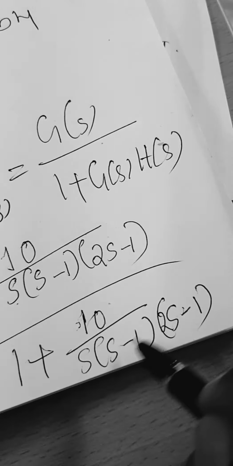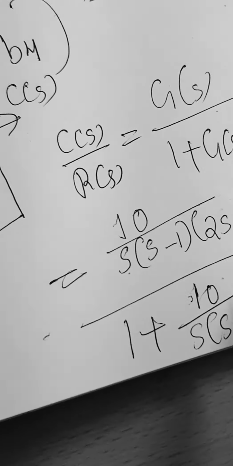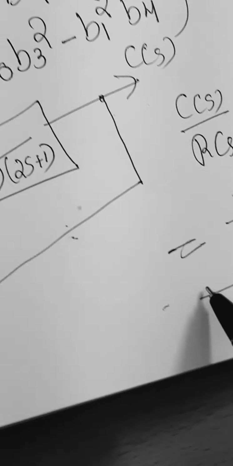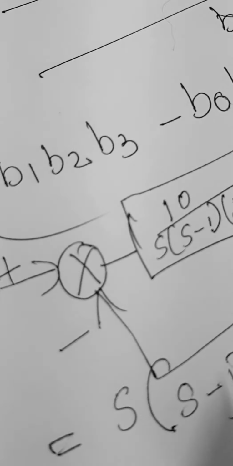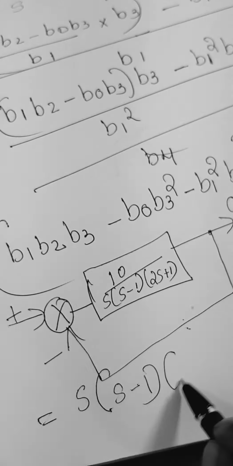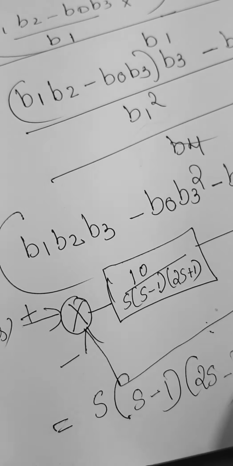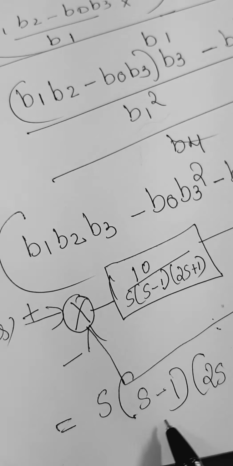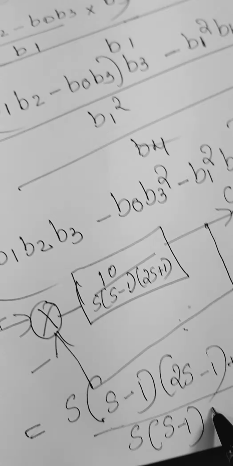And when you are rearranging this, the denominator will become S into S minus 1 into 2S minus 1 plus 10, divided by S into S minus 1 into 2S minus 1.